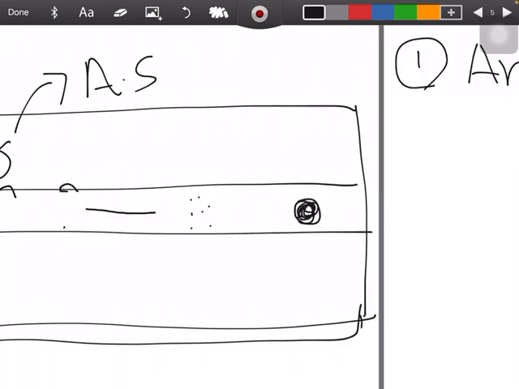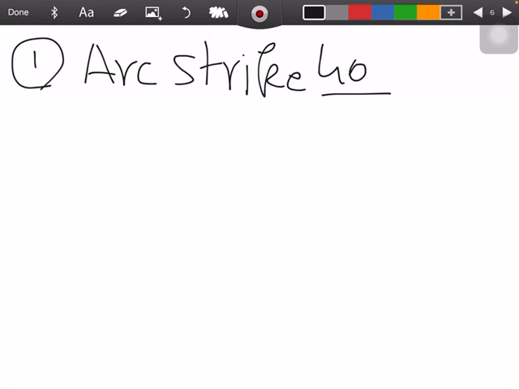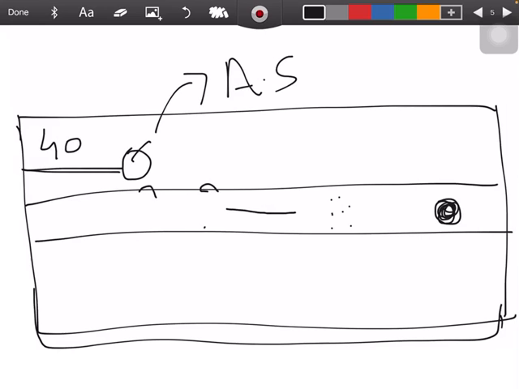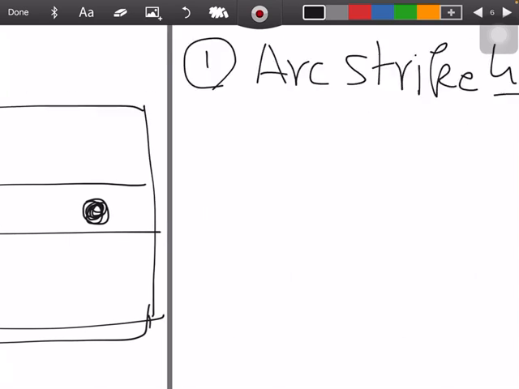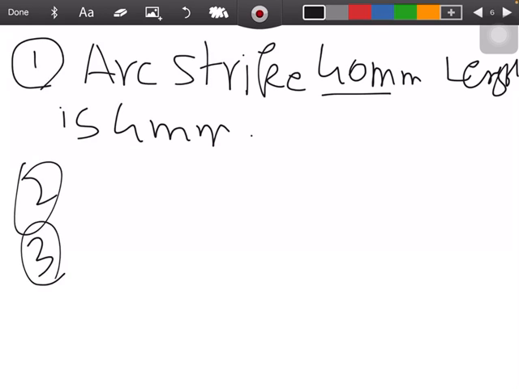The distance of the arc strike is 40 millimeter from the datum line, and the length of the arc strike will be measured, for example this length is 4 mm. So you will mention here length is 4 mm.